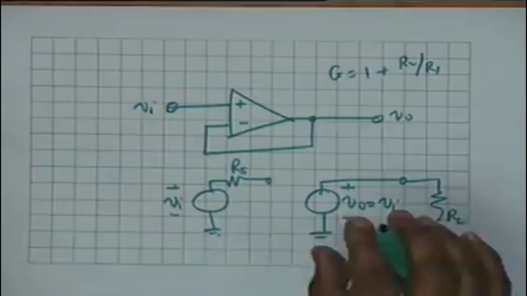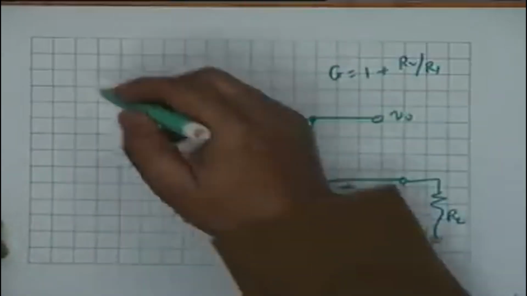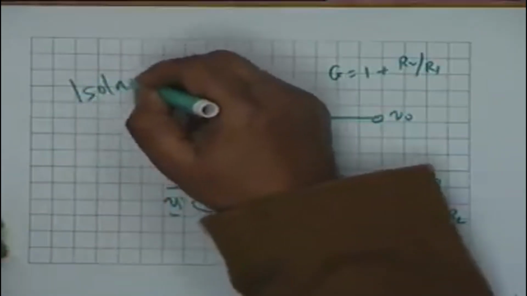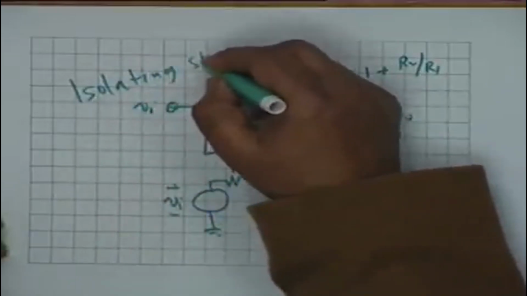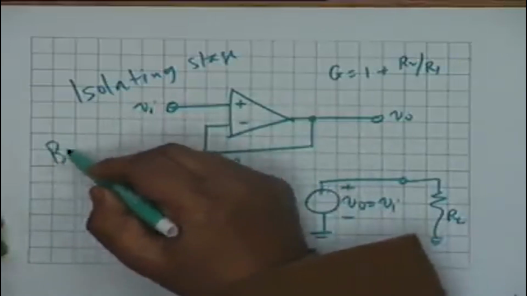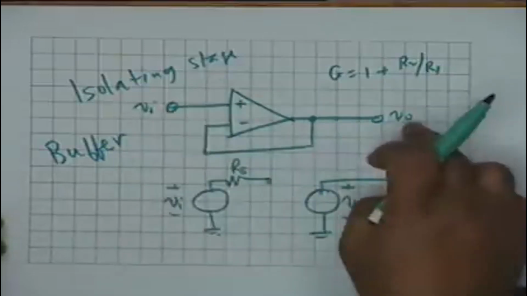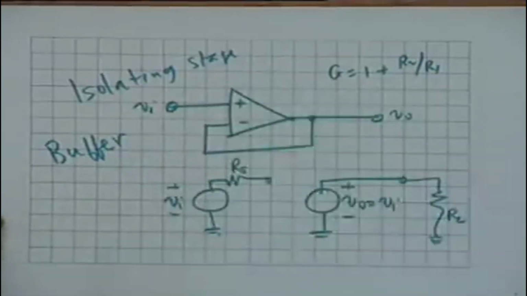So it provides an isolation between the input and the output, and in that sense it is given various names: isolating stage, or more popularly a buffer stage. Buffer between the input and the output, the op-amp acts as a buffer.